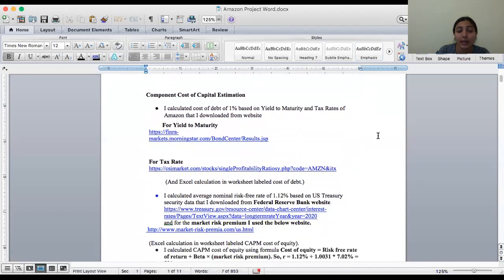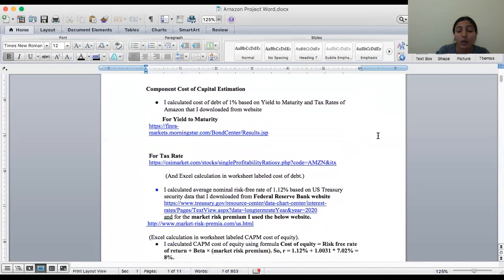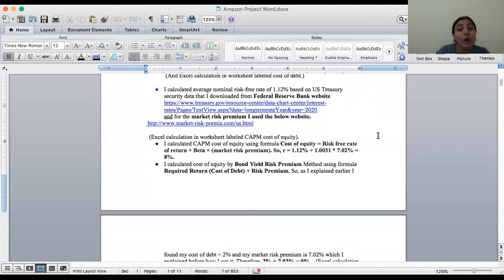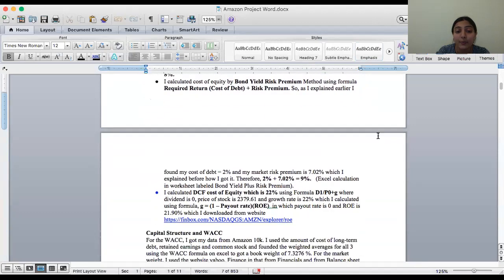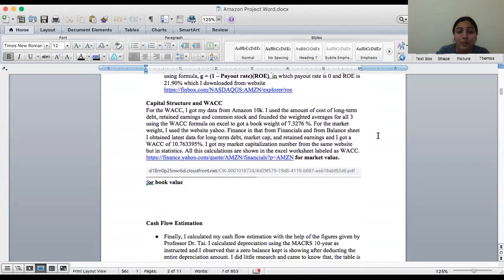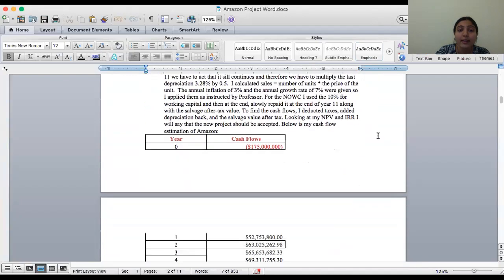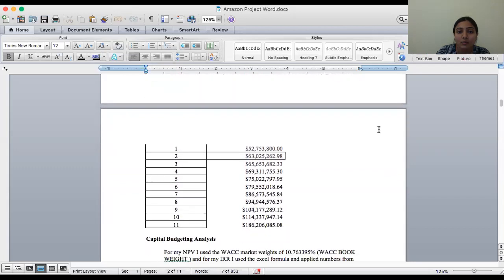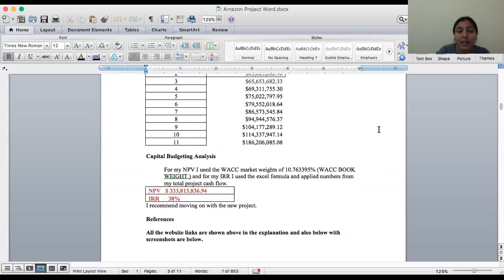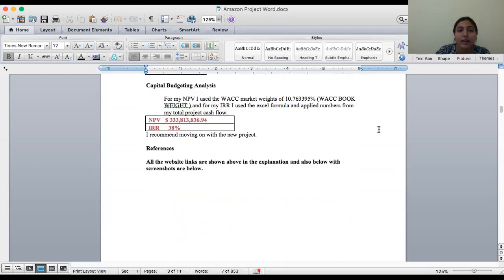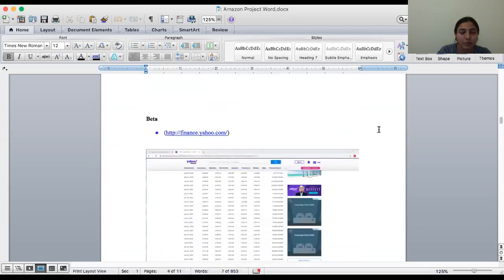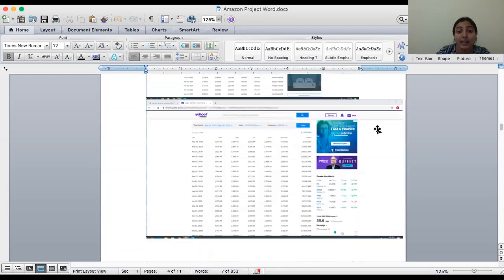I've shown all my calculations in words, and I've also highlighted the website which I used with all the formulas that I used. And also at the end, I've shown the cash flows and everything, my NPV and IRR rate. And at the end are the references, like the screenshots and websites of each individual item that I found.